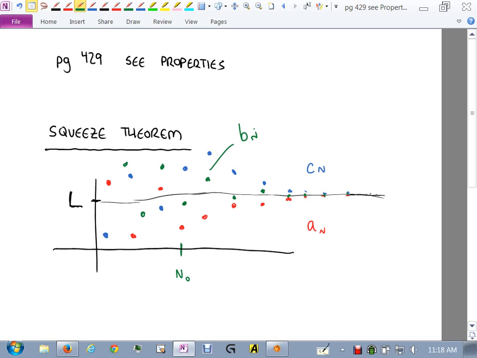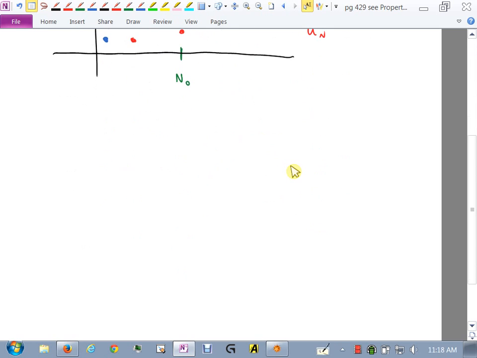Okay, here we go. Let's do this example. Does this converge or diverge?